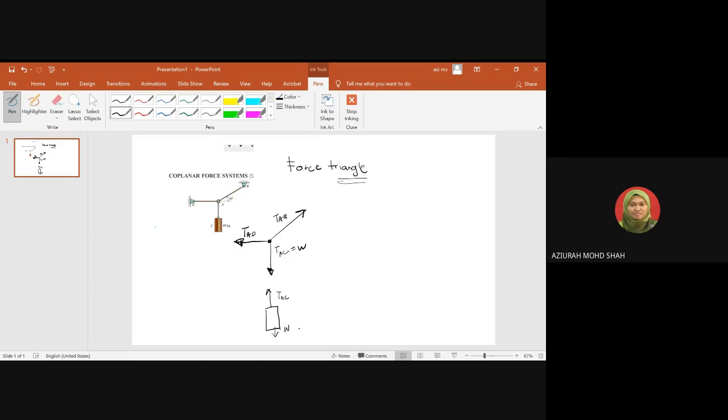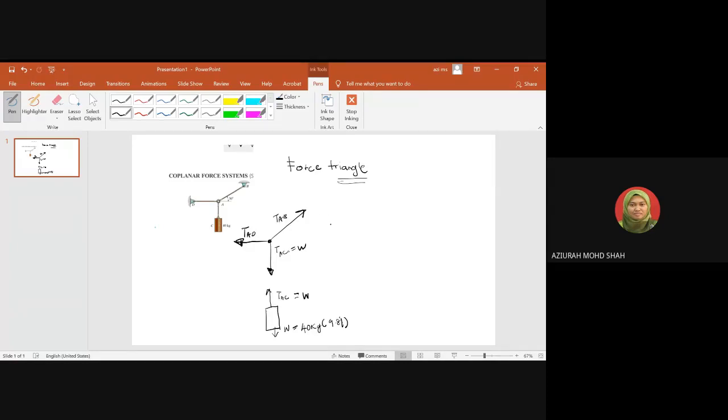Okay, jadi W we know that this is 40 kg mass with the 9.81 Newton, dapatlah berapa Newton? Okay, 300 something kan. So ini sama lah, TAC is equal to W. We know that to make it balance, we need to have the same magnitude but different direction, different sense, positive or negative.